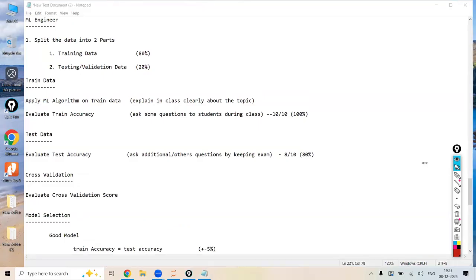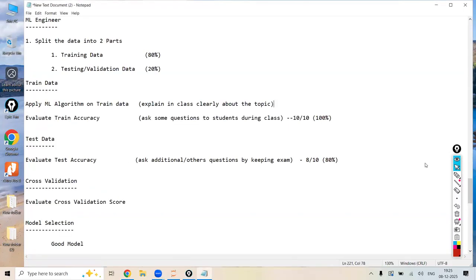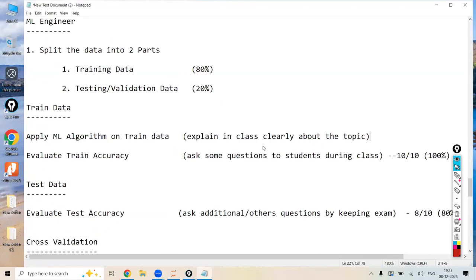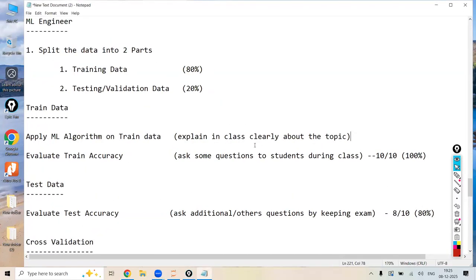Yes, model means algorithm. Done. Anil, model means algorithm, as of now a simple understanding. Further on, you'll understand it in detail. As of now, model means algorithm.